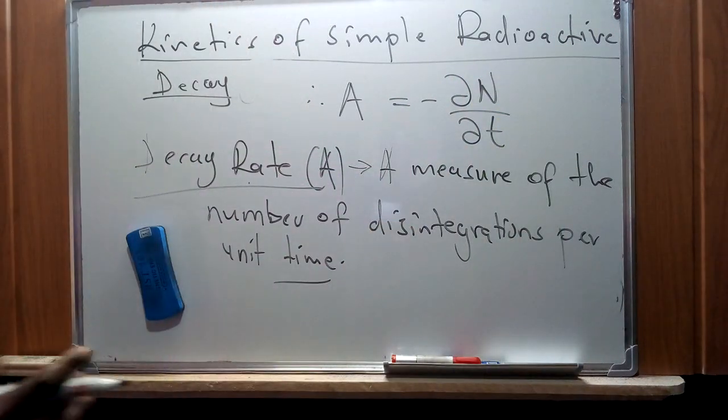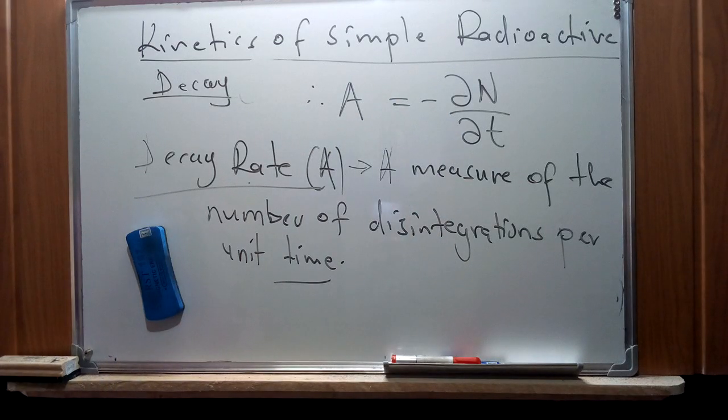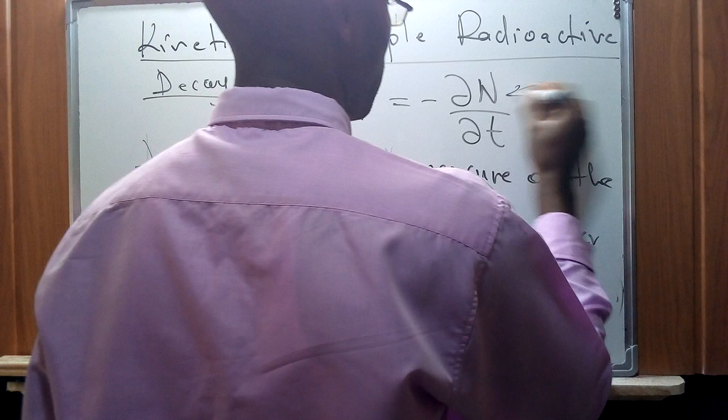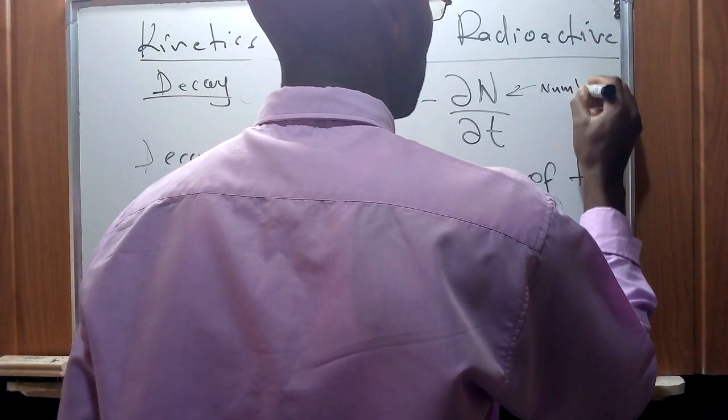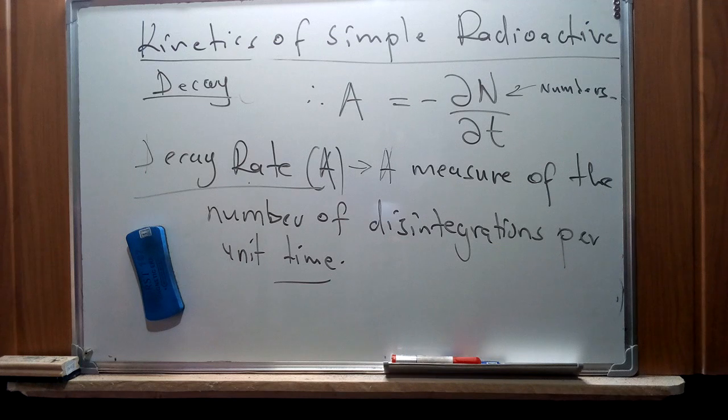Now I've used this negative notation here intentionally because, when we are talking about numbers, this process decreases with time. So we are going to use a negative connotation to show that decrease.